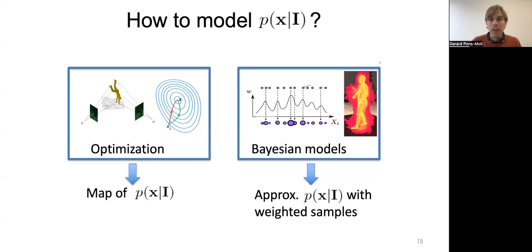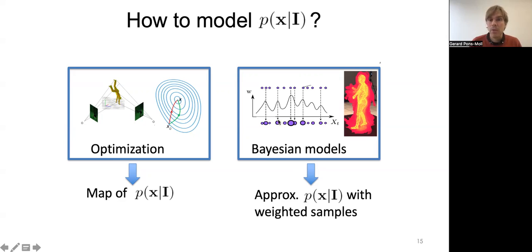So there are two main approaches. One is using optimization. And essentially this is equivalent to finding the MAP estimate of the posterior, the maximal posterior estimate. And the other approach is to not use optimization, but use basically, you could say, Bayesian inference, where you approximate the posterior with weighted samples.